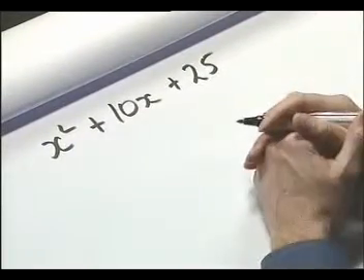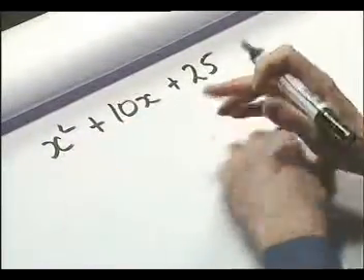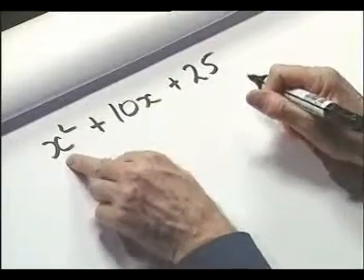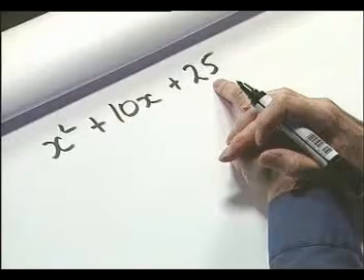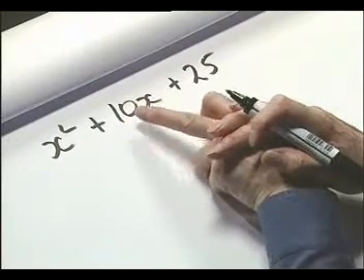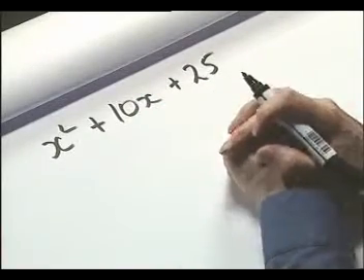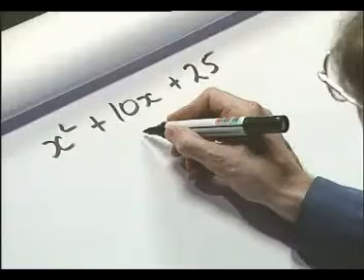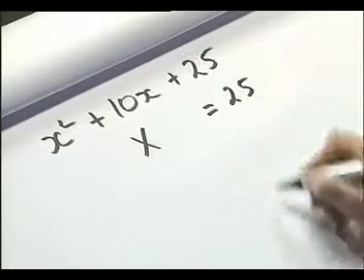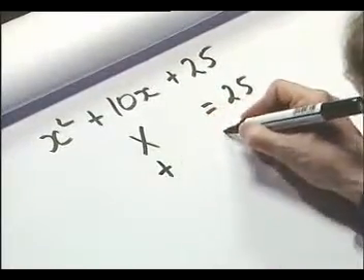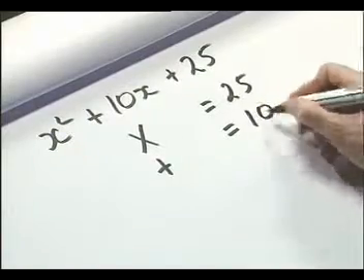Having just done the difference of two squares, looking at this quadratic expression, we've got a square at the front, x squared, and a square at the end, 5 squared. But we've got 10x in the middle. Okay, we know how to handle it, so let's not worry too much. We want two numbers that multiply together to give 25, and two numbers that add together to give us 10.